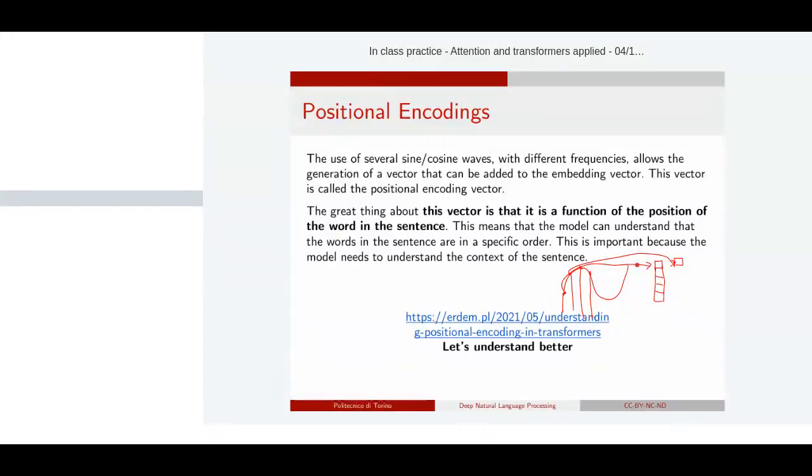So, for example, here I have 0.0 for the first element in the sequence. For the second element, this is W1, word 1, and this is word 2.